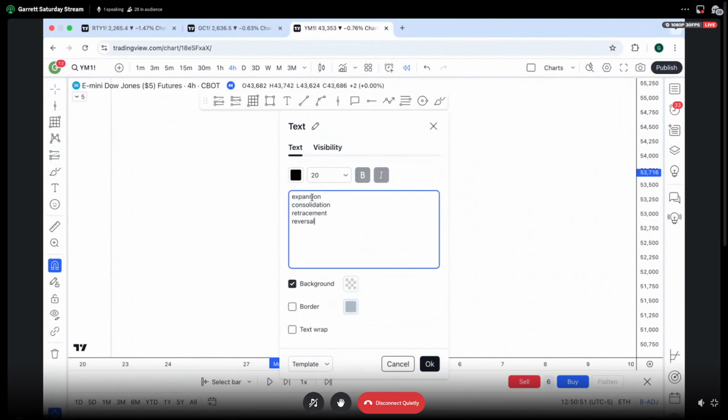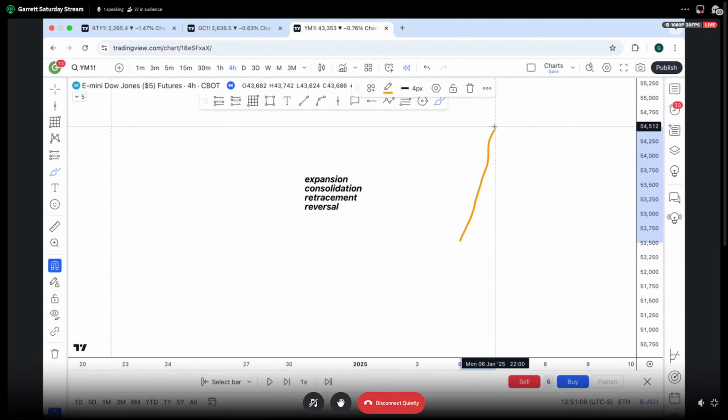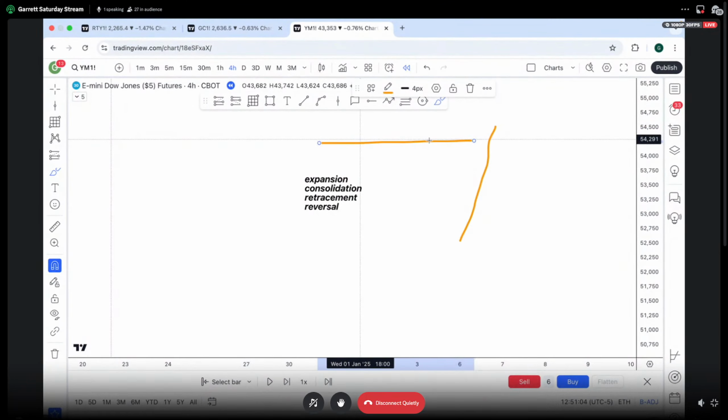So after expansion, we can get either one of these phases, right? And they're all heuristics. Consolidation. And we can also anticipate a new phase of price after expansion into a high or a low. It could consolidate, right? And each phase tells us something. So these two phases here, consolidation and retracement, are continuation signatures.